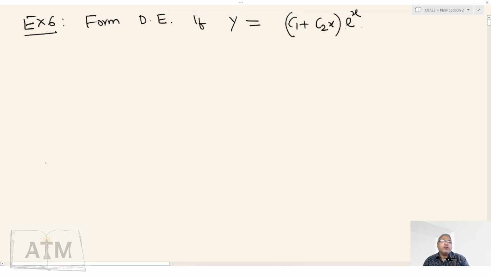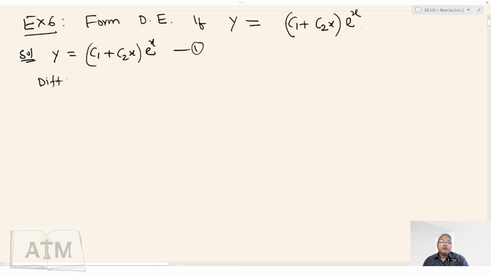Example number 6: form the differential equation if y equals c1 plus c2x into e raised to x. Solution: first of all, y equals c1 plus c2x into e raised to x, call it equation number 1.